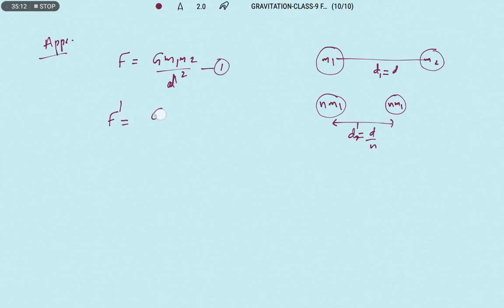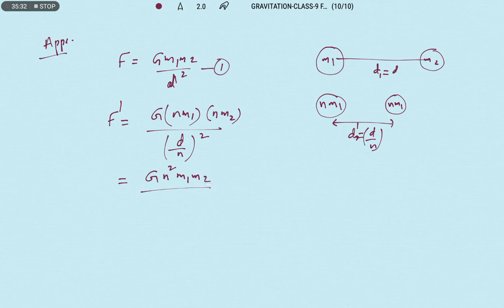Now let us write F dash. So F dash, what we can write, G into n m1, n m2. Then what about distance? Distance will decrease by n times, therefore d by n whole square. Therefore G into n square m1 m2 by d square by n square. We can write this as, the denominator of denominator becomes numerator.